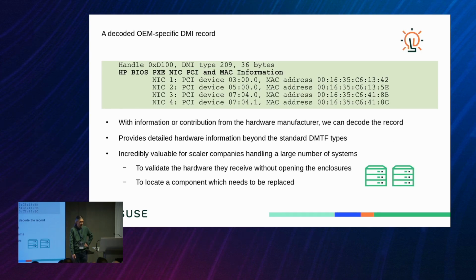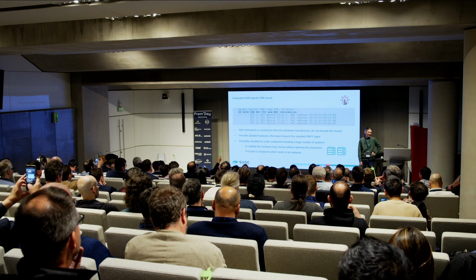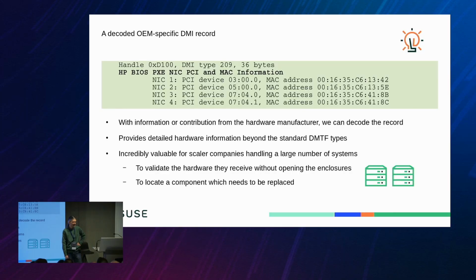A decoded OEM-specific record would look like this, which I think you will find a lot more interesting. This specific record is related to network, and it matches a PCI device ID with a MAC address. You may argue that both pieces of information are already available from other tools on the system, but in general, you have one tool which mentions the PCI device ID, and another tool which gives you the MAC address, and you don't have a single tool which matches both.